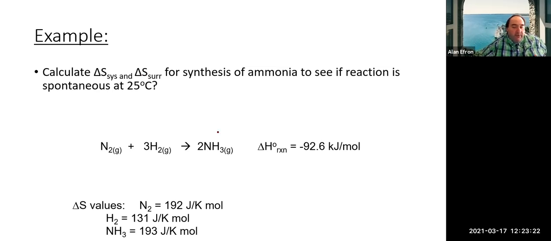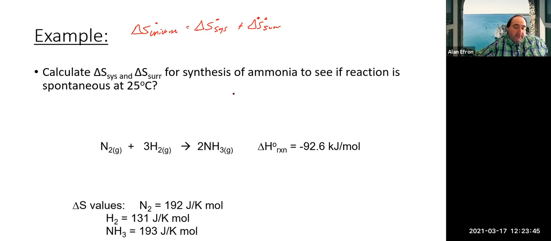So take a few. In order to use delta S to do that, you really have to calculate, again, what's known as delta S of the universe. And again, that would be our delta S of our system plus the delta S of our surroundings. And we just learned how to calculate both of those.